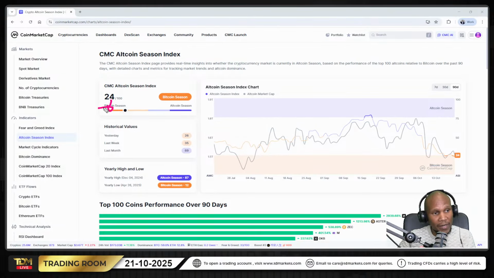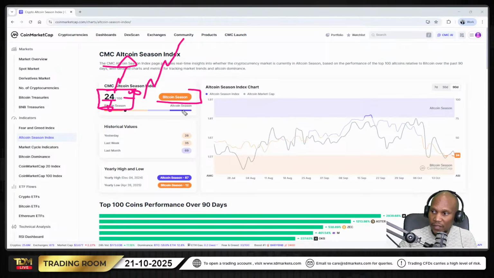And when the Bitcoin dominance rises, this means for altcoins that it's not the altcoin season as yet, right? So this has to be at least above 50 for us to say altcoins are now starting to push, all right? At the moment it is here. It could still go down, but what this reading means is that it favors the Bitcoin season, right? It favors the Bitcoin season.